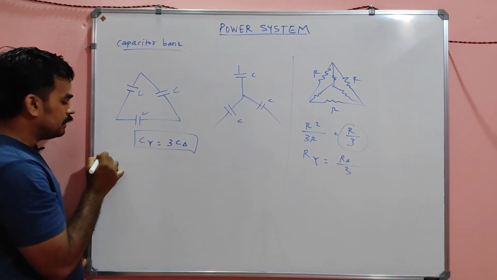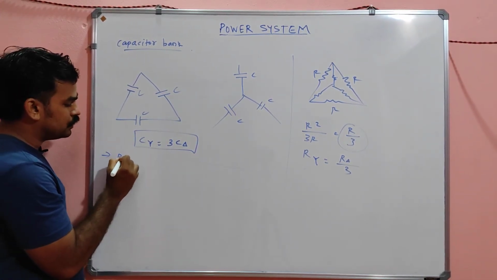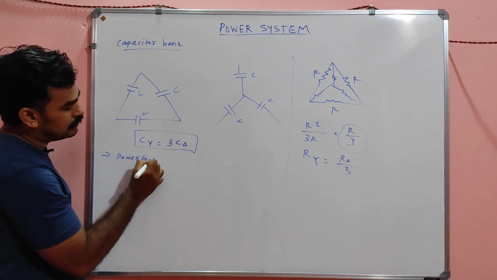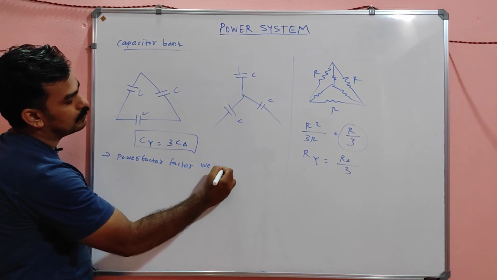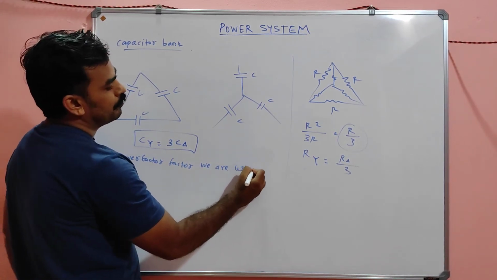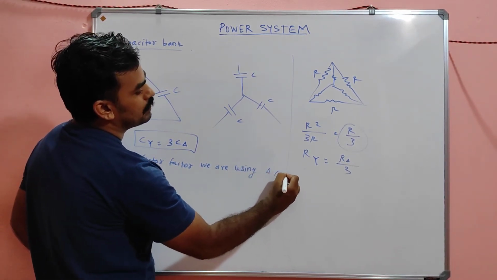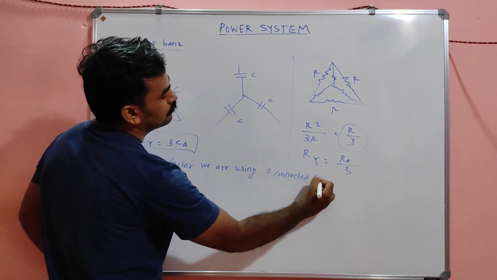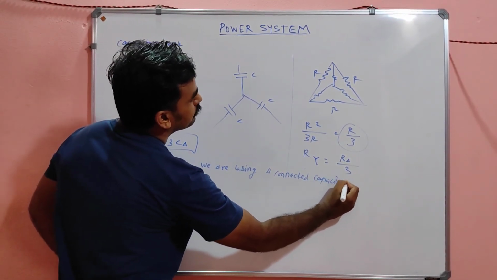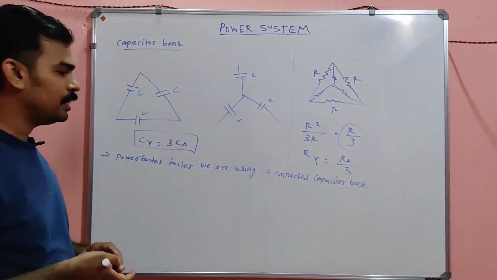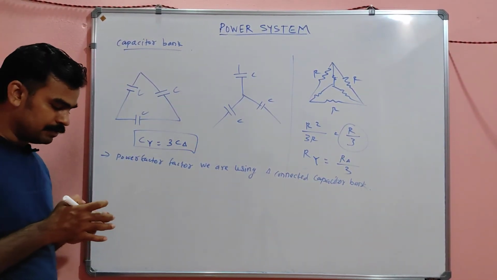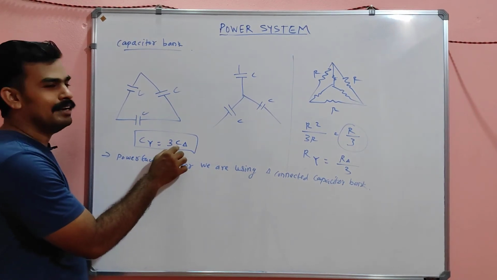So in transmission line power factor correction, we are using delta connected capacitors. This is also a question: star connected or delta capacitor? Normally we are using delta capacitor because its cost will be very less.